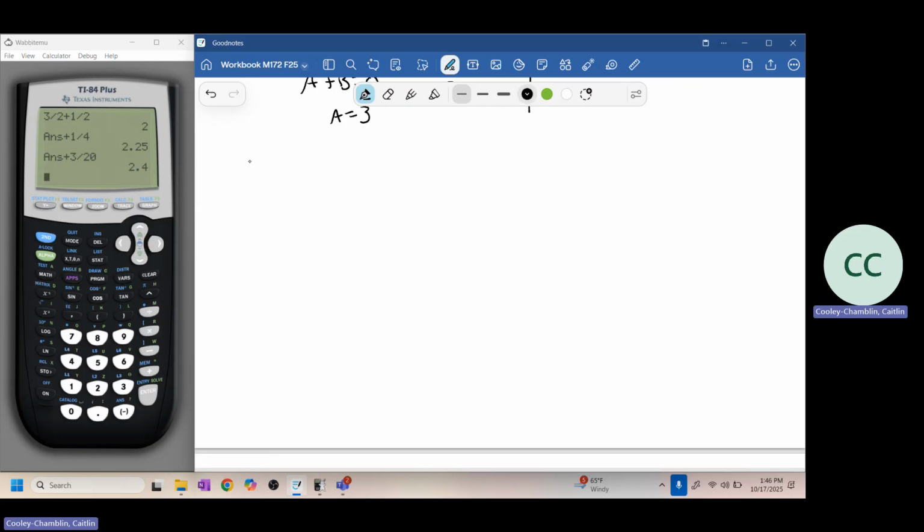So we have the summation of 3/n times n plus 1, n equaling 1 to infinity, is equal to the summation of n equals 1 to infinity of 3/n plus -3/n plus 1.